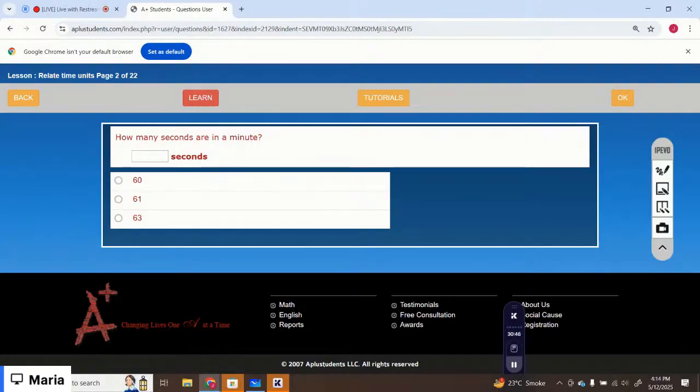How many seconds are in a minute? In a minute, we have 60 seconds. The correct option is 60 seconds.